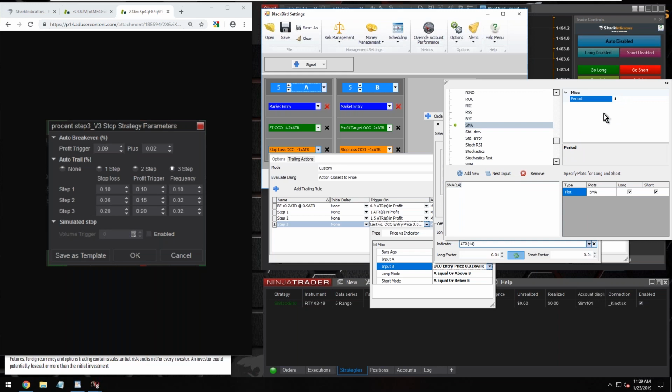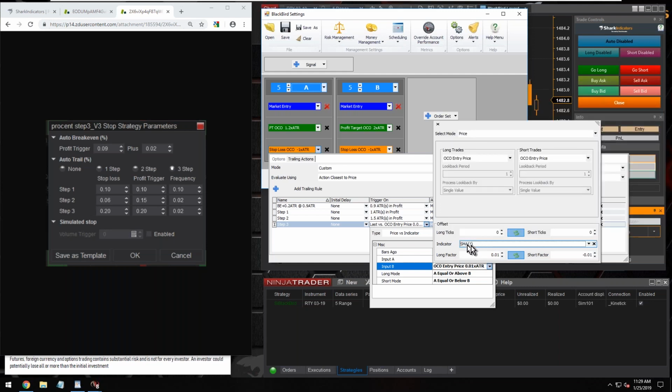An SMA with a 1 period is the closing price of the bar. There is no averaging, no smoothing, with a period of 1, and thankfully the SMA allows you to use a period of 1. So the SMA with a 1 period will just give us the closing price.